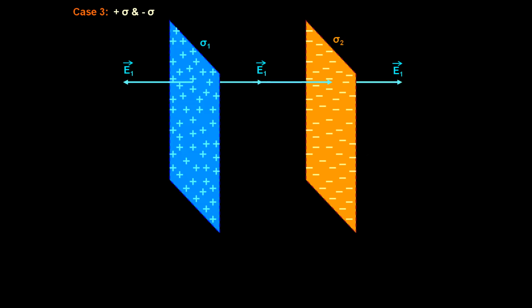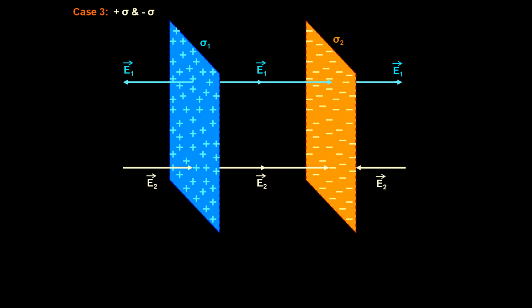First sheet is having sigma, it's positively charged, direction of electric field will be this way, away from the charge. Second one, sigma 2, but it's going to be the same in magnitude, okay? Direction of electric field for this is also going to be towards the negative charge, right?